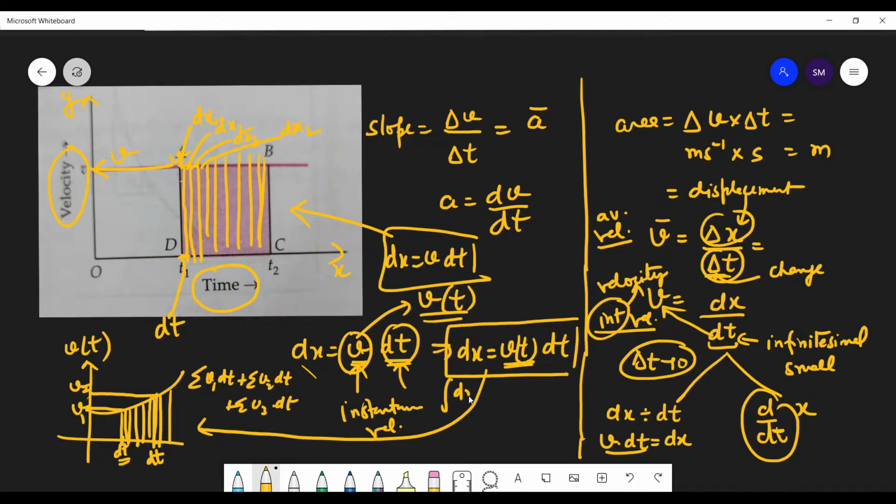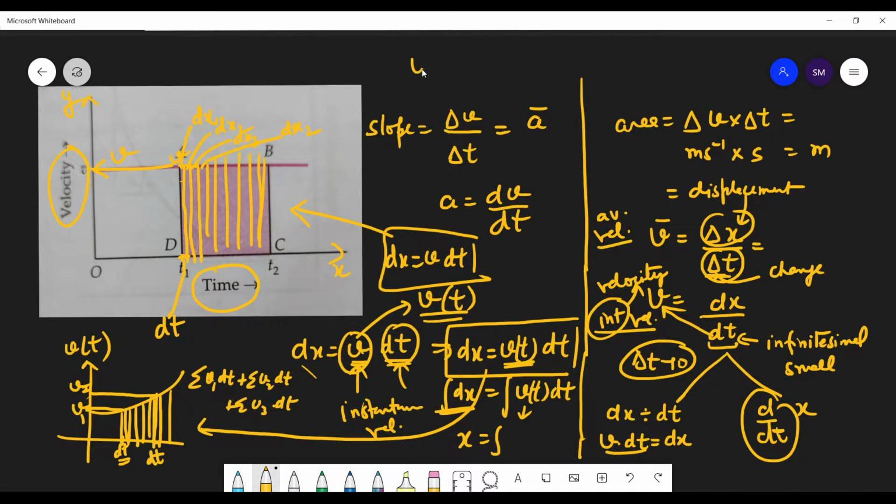So it means taking integration on both sides. Here you have added all these dx, so you will get the total displacement. And here this v is dependent on t, so I have to write v in terms of t.